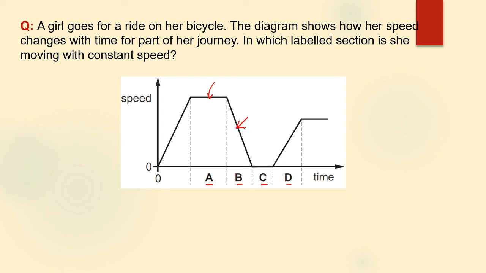That is the deceleration, constant deceleration of the object. C means the object is at rest, and D means positive acceleration. The object is moving with constant acceleration. So the question was, in which labeled section is she moving with constant speed? So the answer is A, because that region is the only constant speed.